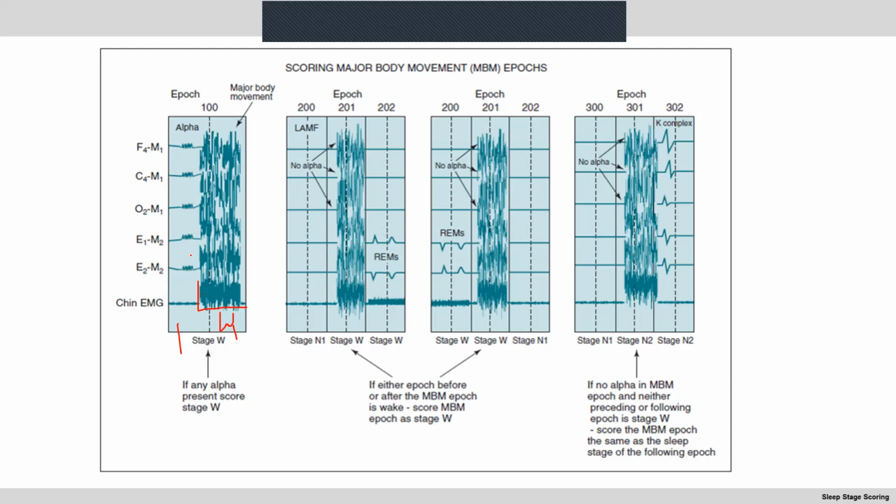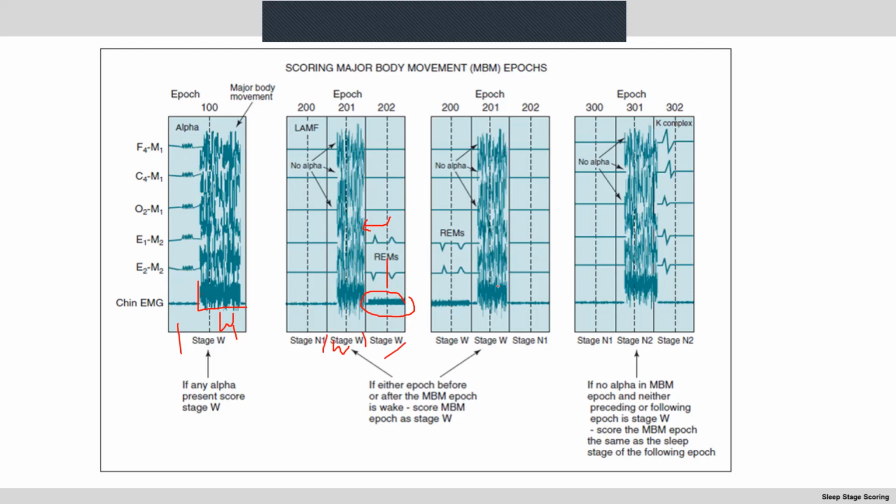Since alpha is there, and high activity, mark this epoch as wake. Suppose again this is a 30-second epoch. Here major body movement is there, rapid movement is there, with increased EMG. This is a sign of wake. So on the basis of this, we have to mark this wake stage.